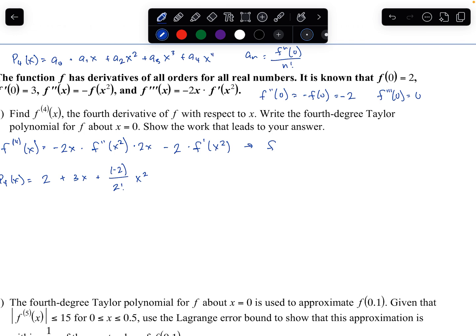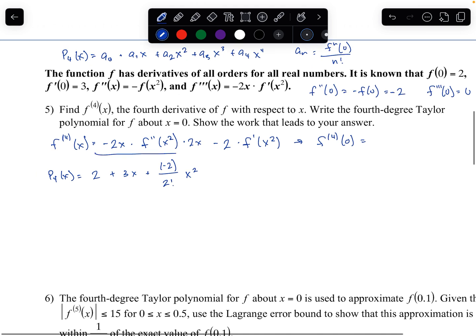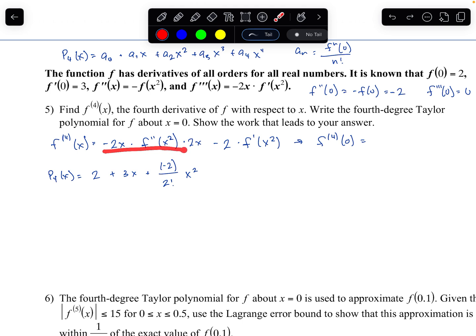So the fourth derivative at 0, since I did the fourth derivative here, I'm just going to plug in 0. If I plug in 0 here, all that goes to 0. First times the derivative of the second, all that just goes to 0.